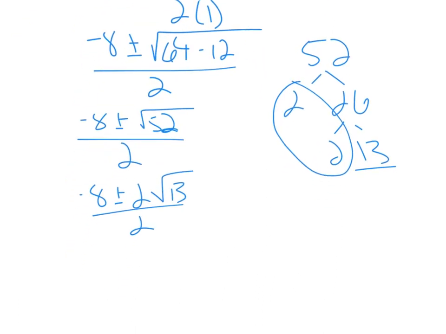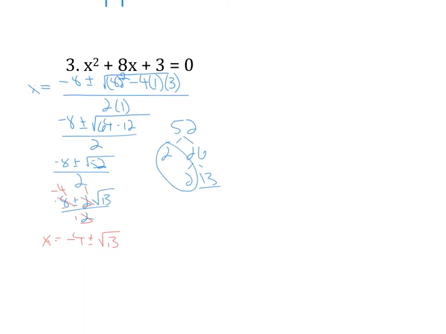Then we check, is there something that goes into all 3? There is, that's 2, so 2 goes in there, and we're left with negative 4, left with 1, and left with 1. So then we get x equals negative 4 plus or minus the square root of 13.